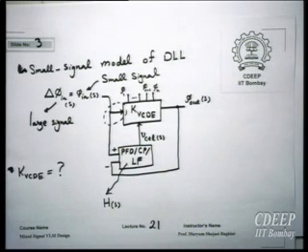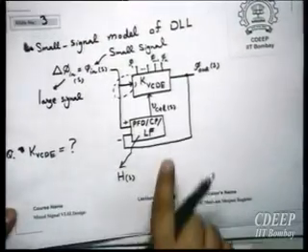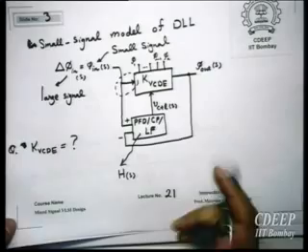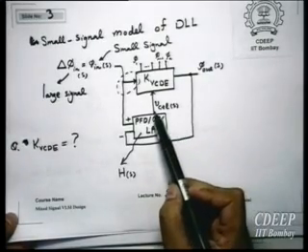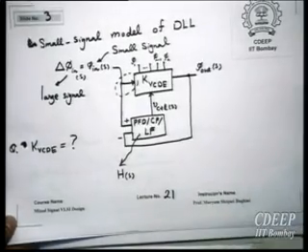Therefore, that bias point doesn't come in the transfer function. Okay, so therefore this transfer function effectively will be the transfer function of output of the loop filter to the input phase.